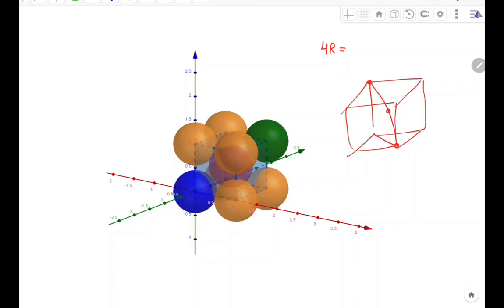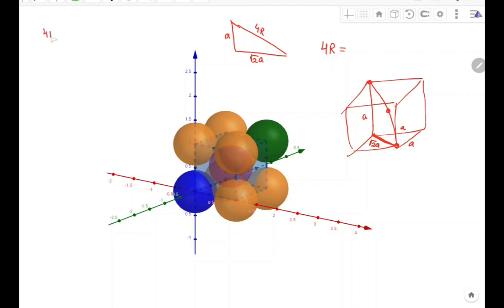Let's find the diagonal of the base here. The base here is a. Now this one here is square root of 2 times a. Now this part here is equal to a. Now we have a right angle triangle, like this. This is the base, square root of 2 a, and the height is equal to a, and this one here is equal to 4r.